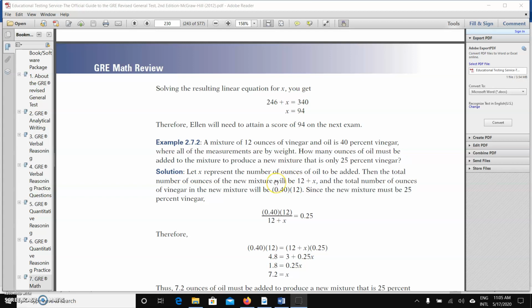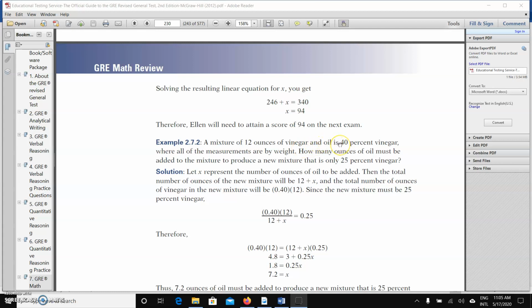Well, what you are going to do, you are going to use proportion. So now let's just listen. Let x represent the number of ounces of oil, because we don't actually know. Yes, you don't know the amount of oil here. You just know the vinegar, 12 ounces of vinegar.